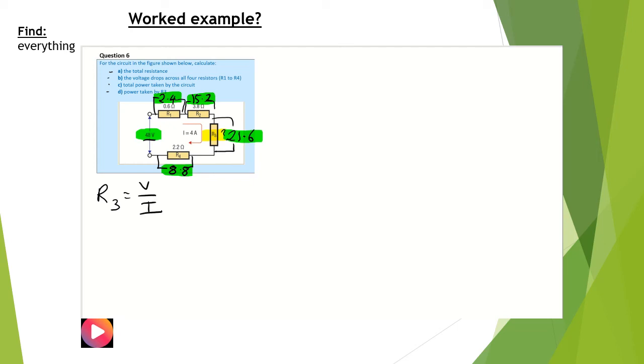Now, just let's spend a moment here. V is equal to IR, just showing you that Ohm's law is there, and we're trying to calculate R. I want R. So if I divide this side by I, the I's cancel out. Let me just do that again because it's not very clear.